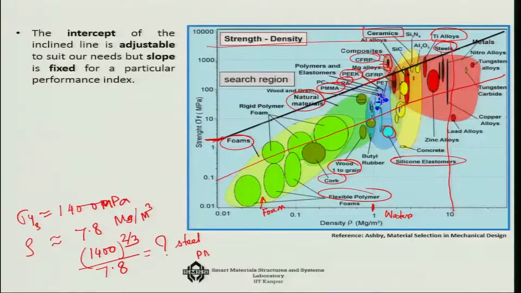And for PMMA, if you do the same thing, let us look at PMMA, the maximum value if we take for PMMA is somewhere like 40, to the power 2/3, and if you look at the density wise, it is less than water, so it is about something like 0.6.